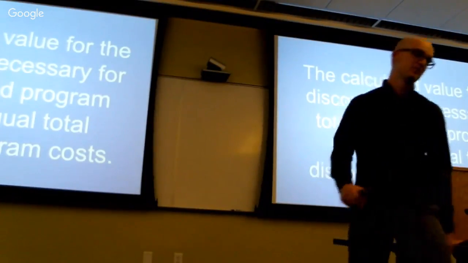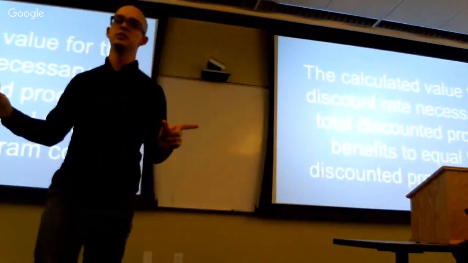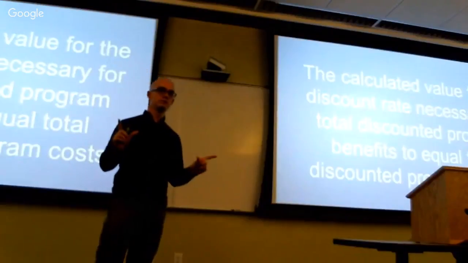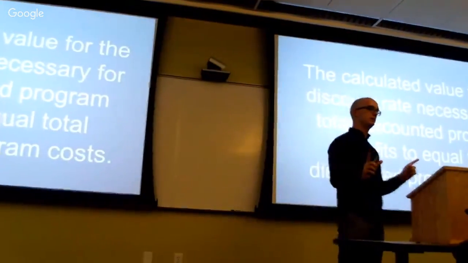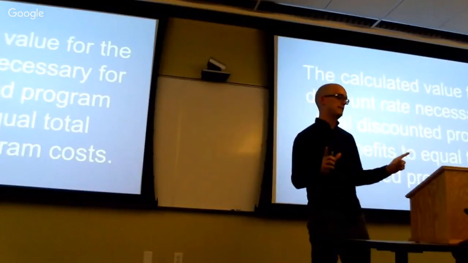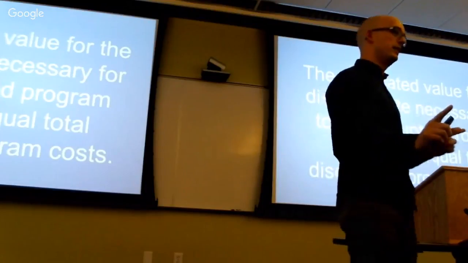Okay, so it's basically if you do your discount rate on your costs and your benefits, and then you want them to equal out. You would just find whatever that discount rate is going to be, and you could use that. That's just one way of doing it, and then you can adjust it from there.